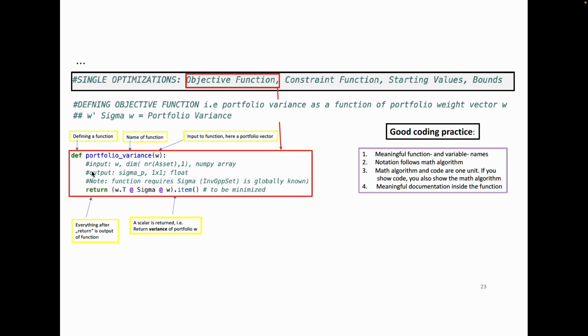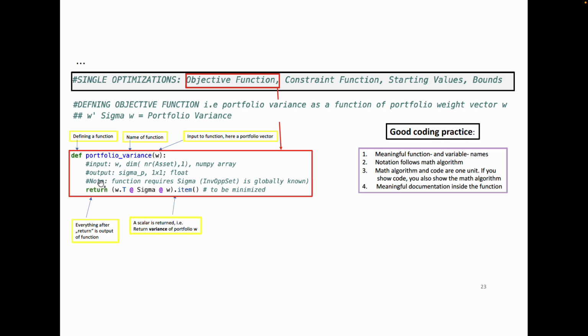definition. So here I'm defining for the reader what's the input, it's the W, what does it stand for, and what's the mathematical representation here. It's a NumPy array as a column vector. The output shall be a scalar, which the reader shall think about as sigma p.